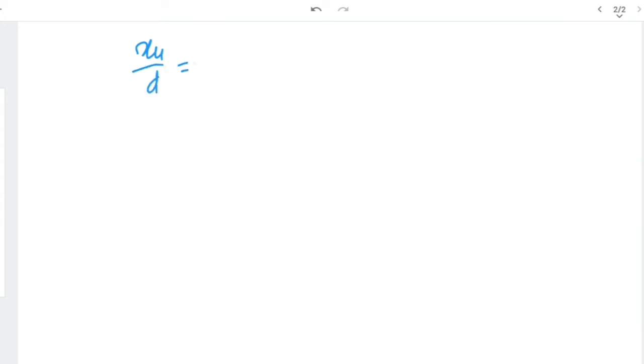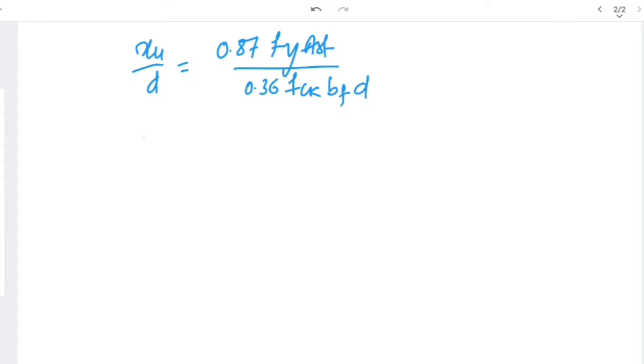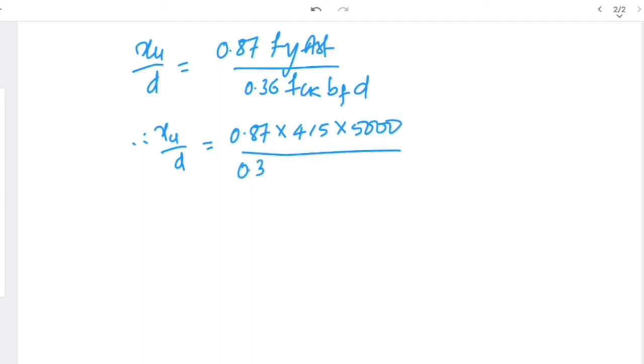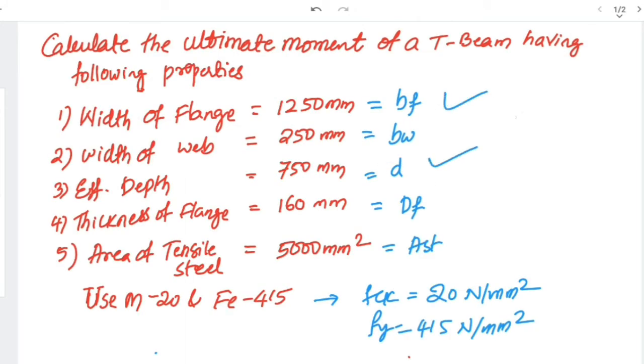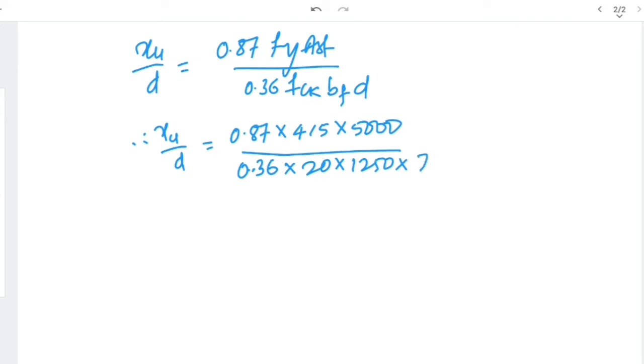Here first I will be calculating the value of XU by D. It is nothing but 0.87 Fy AST divided by 0.36 FCK BF into D. When you substitute, you will be getting the value of XU by D. It is equal to 0.87 into 415, AST is 5000, divided by 0.36 into FCK is 20, breadth of flange is 1250, into depth, it is 750 mm.